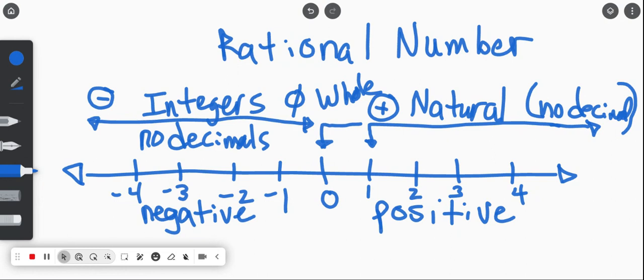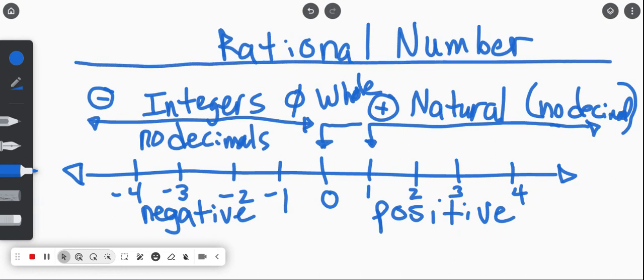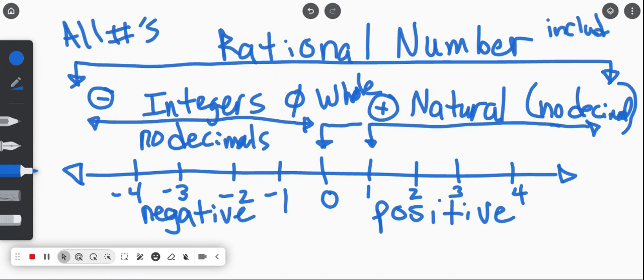Well, all these other numbers that have decimals are going to be rational numbers. So everything down below, these are all numbers including decimal numbers that have remainders.